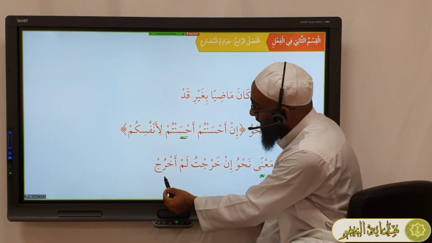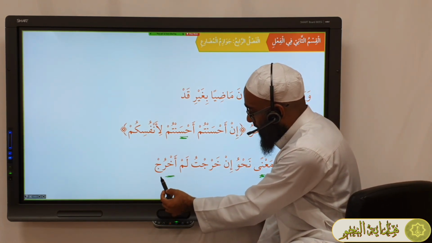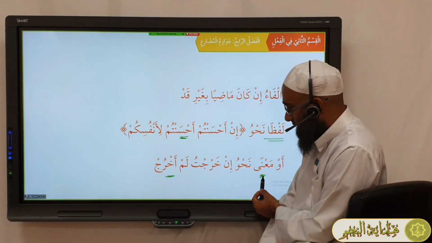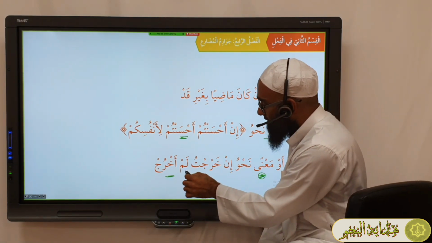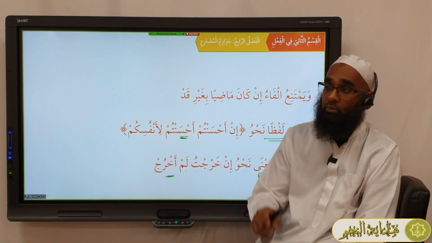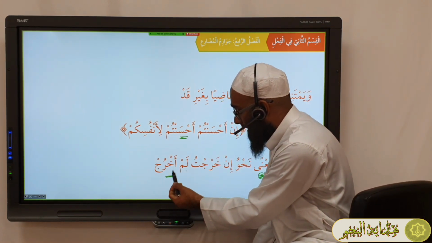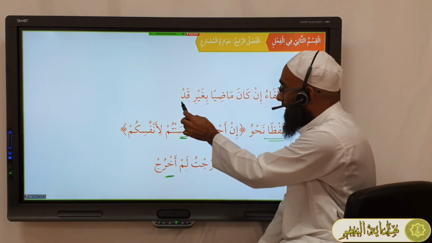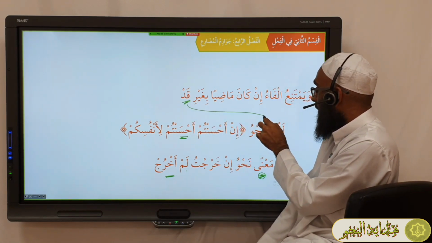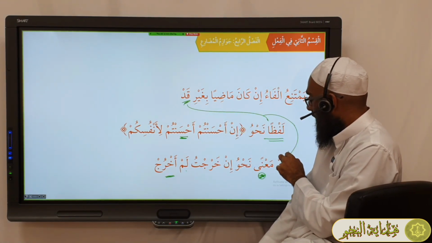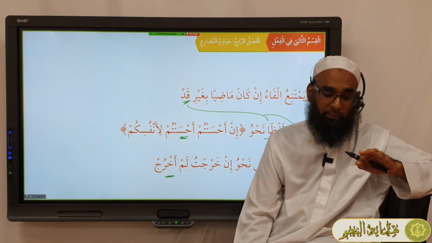In kharajtu lam akhruj, this is mudari in sigha, but in meaning it is madhi, because when lam comes, qalb al-mudari madhiyan. Lam makes mudari into madhi meaning. So when you have a madhi without qad, whether in sigha or in meaning, you can't bring a fa.